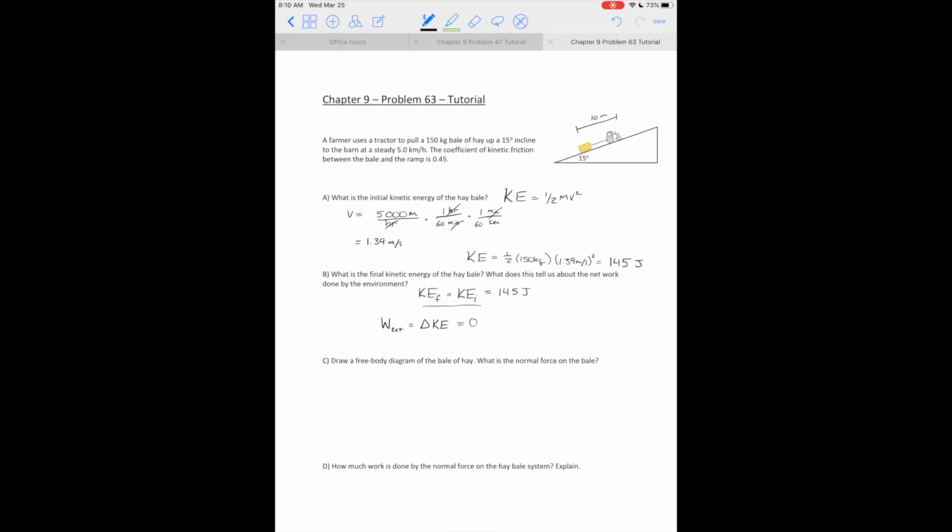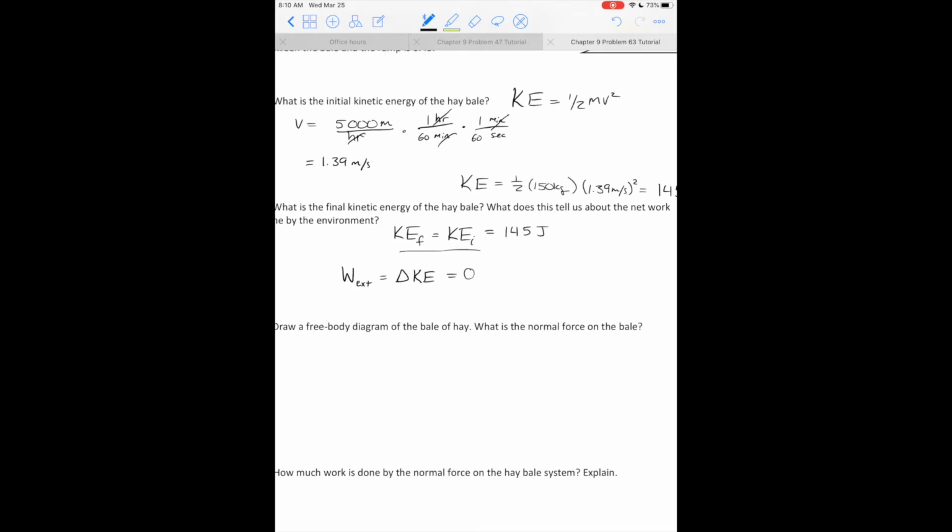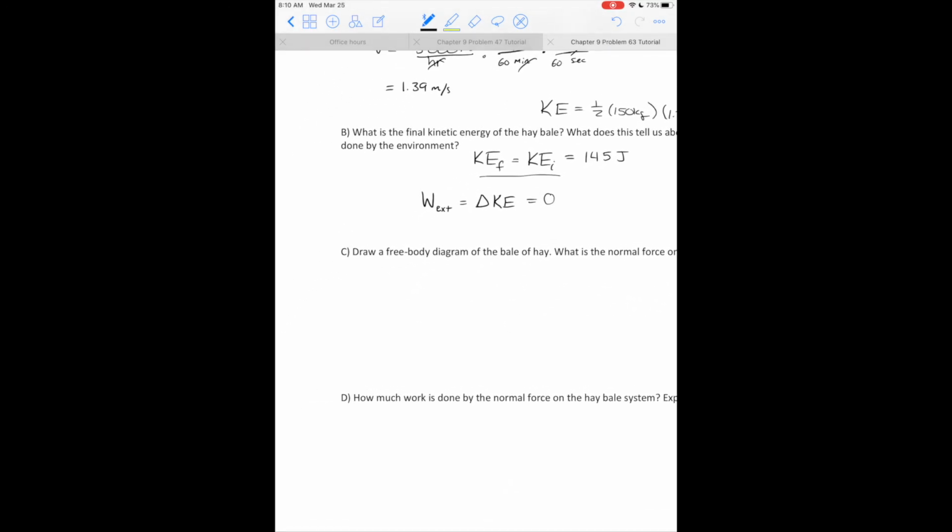It's not to say that the forces are all equal, but when we sum up all their works, and all the forces when we sum them up, I suppose you could say they are equal.